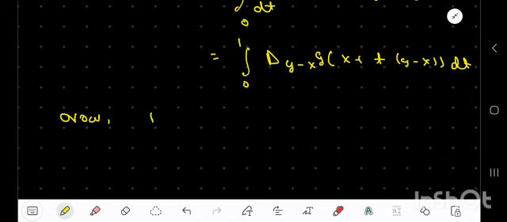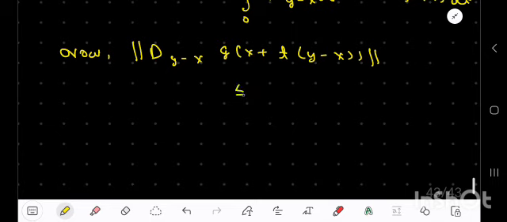Therefore, this norm should be less than or equal to 1 upon 2n times the norm of y minus x.